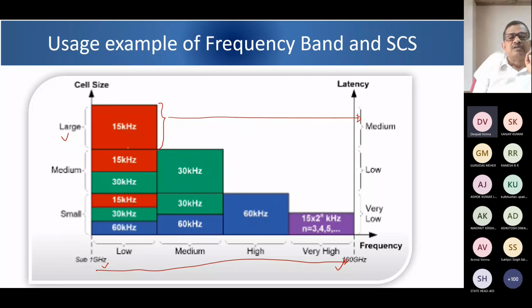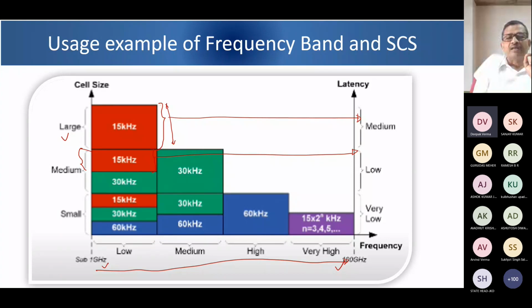But suppose I use the same 15 kilohertz and have medium or small coverage, it is possible. I can reduce the coverage by reducing the power, so I can have slightly better latency here. But the disadvantage is that the 15 kilohertz numerology frame structure is designed in such a way that it can cater to this much coverage.